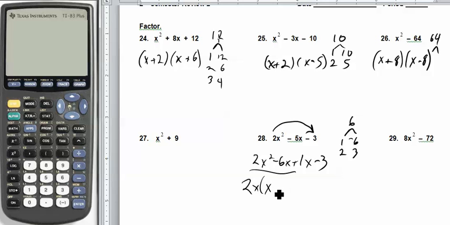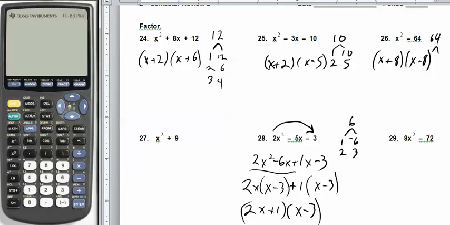Then divide that by 2, I get a 3. And then I'm looking at what can I factor out of this to make this a 1x, positive 1. And then those two are going to end up being the same. And then we just group these. x minus 3.